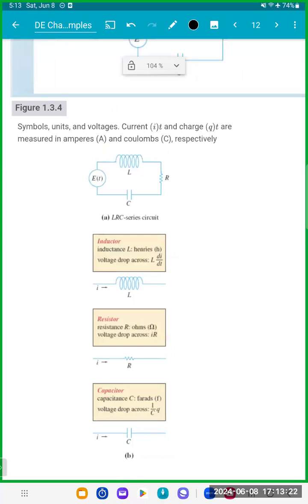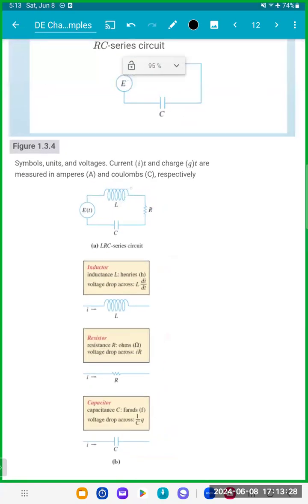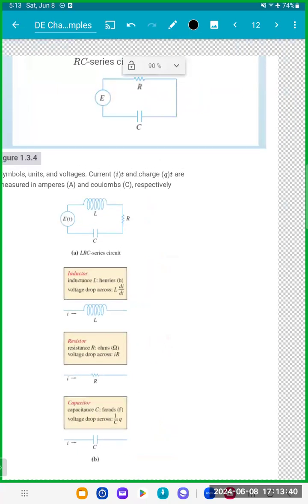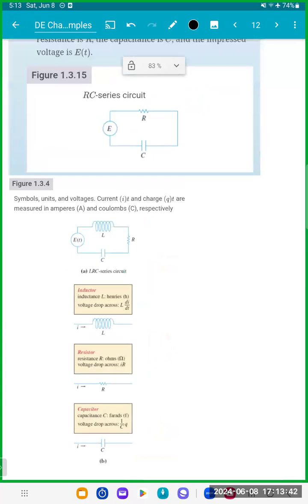So when you're looking at these in this problem, we have all 3 of them, right? But the problem that we are given here, we have a resistor and we have the capacitor. We don't have the inductor, right? So we don't really need this piece for the problem that we're working here, but you may come across those elsewhere, okay?